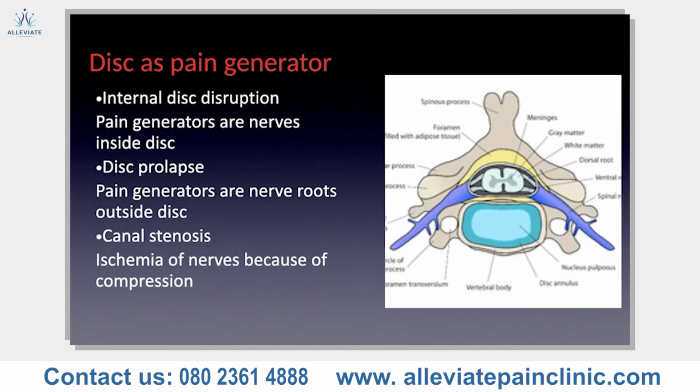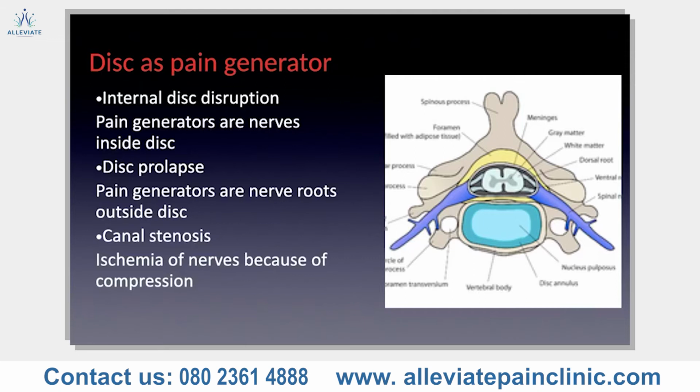That's why, when the disc is the pain generator and internal disc disruption is the cause of the pain, the pain generators are the nerves inside the disc. And since this is sympathetically mediated pain, the patient will experience diffuse low back pain.